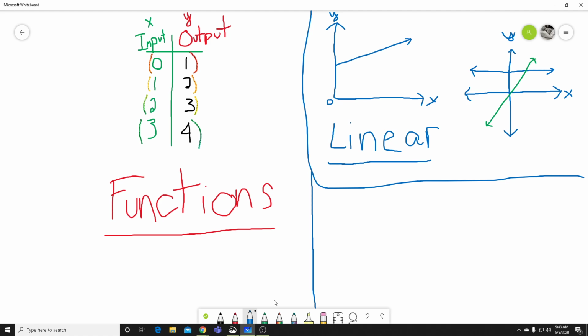Now, nonlinear, there's not too much more to it. These graphs actually curve. And there are many, many different types of nonlinear graphs out there.